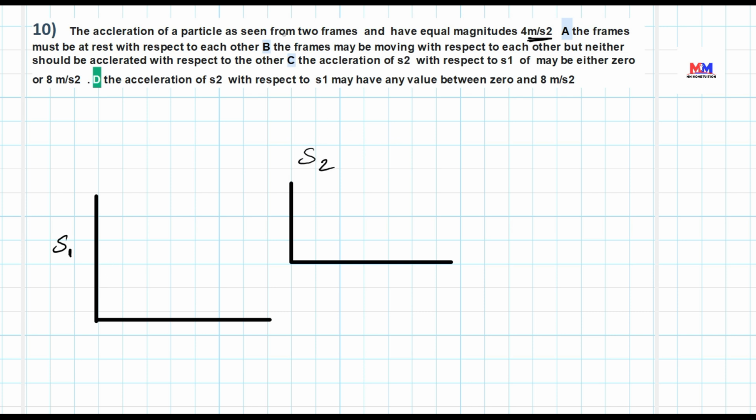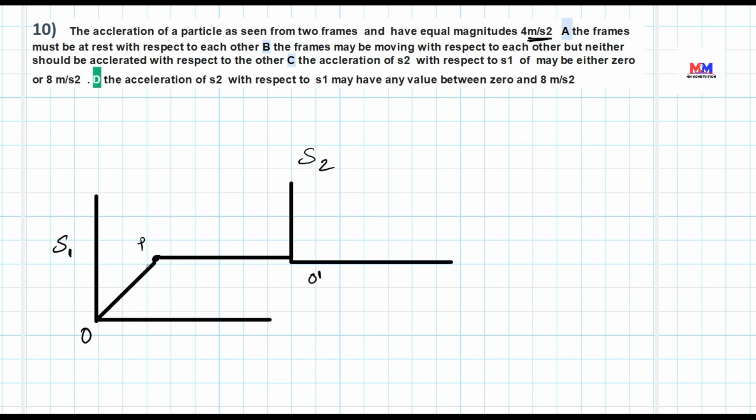The acceleration of a particle as seen from two frames has equal magnitude 4 meter per second square. So this is one frame of reference, and the particle, suppose, remains at position P. Origin to this position and origin to this position. So this is O and this is O dash.